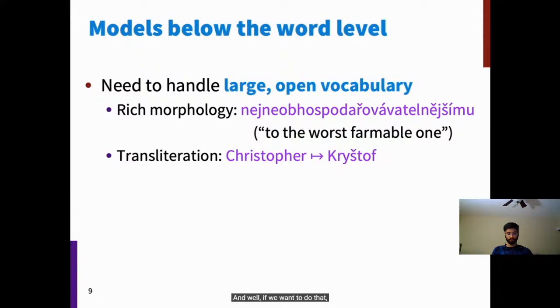And well, if we want to do that, we essentially want to operate at the letter level, not the word level. But another huge modern reason why we'd like to start modeling below the word level is we live in this age of social media, and if you're in social media land, there's a lot of stuff that's written not using the canonical words that you find in the dictionary, and somehow we'd want to start to model that.